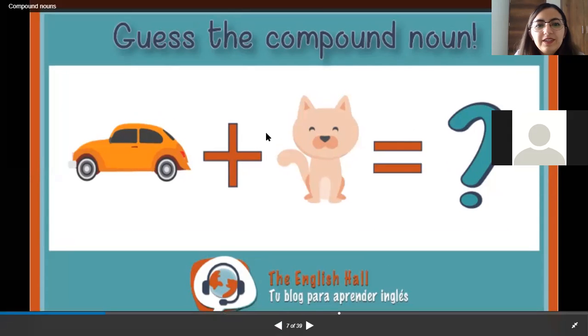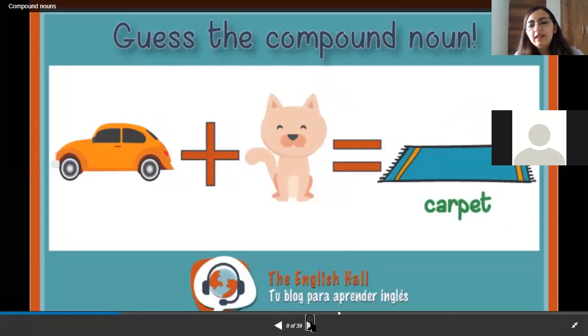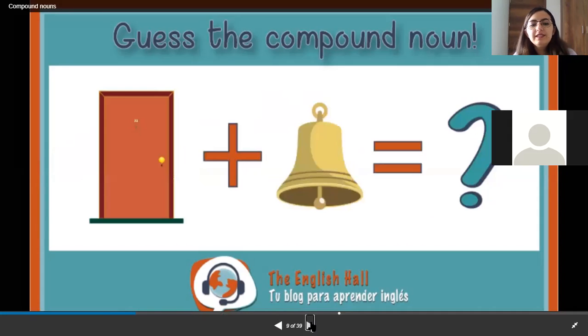Very good, Steffi. Steffi got the right answer. We have a car and we have a pet. So the final result is a carpet. Es una alfombra. It's a carpet. Very good. Let's guess this one.